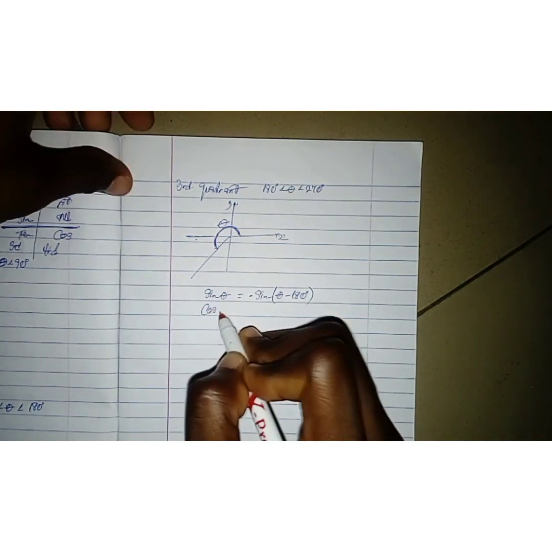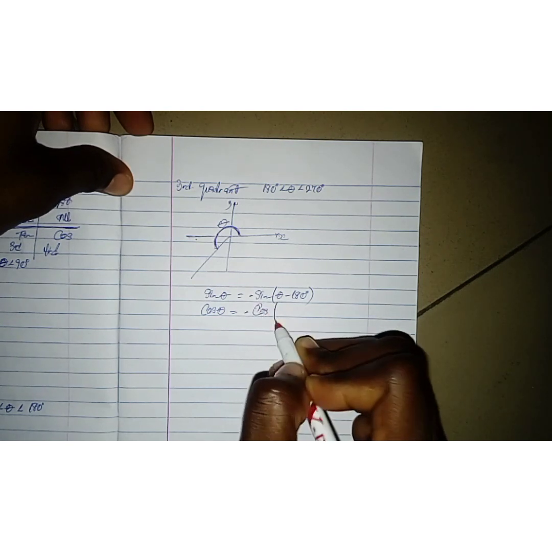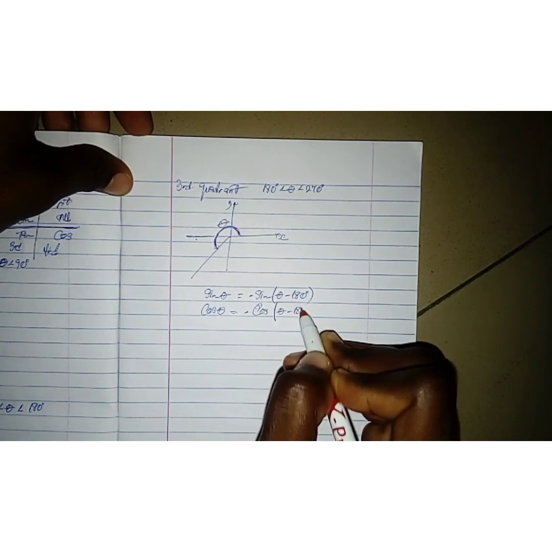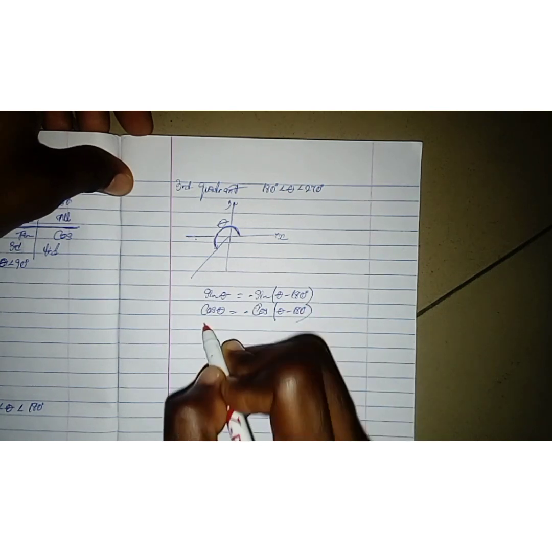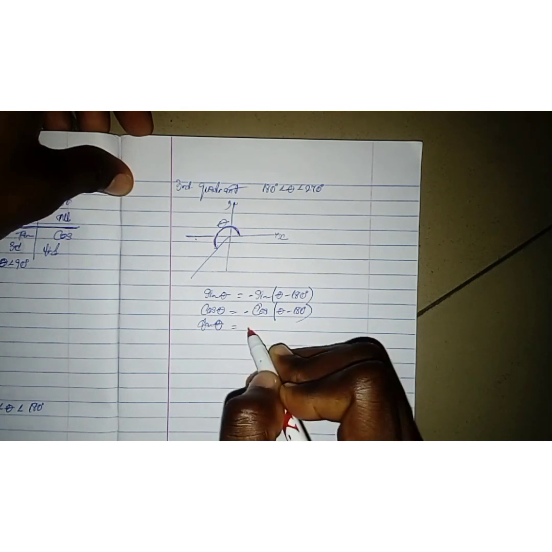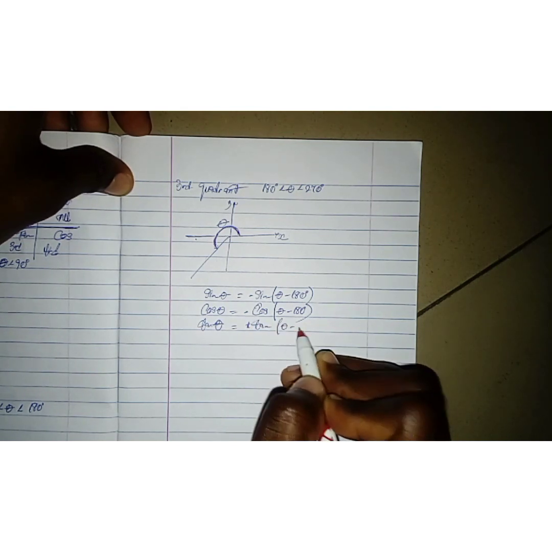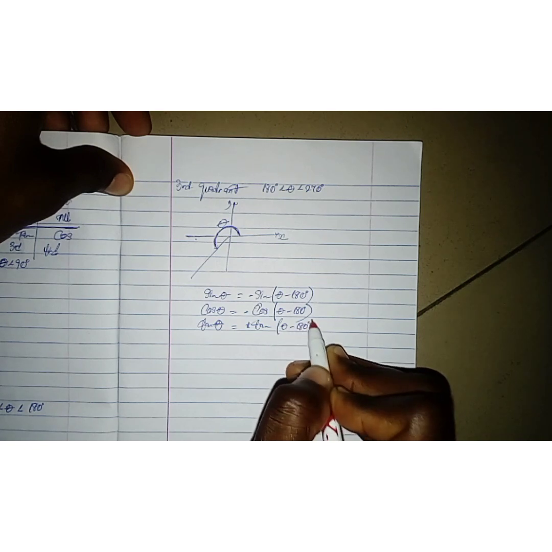So for cosine, we have negative cos of theta minus 180 degrees. And for tangent, we have positive tan of theta minus 180 degrees.